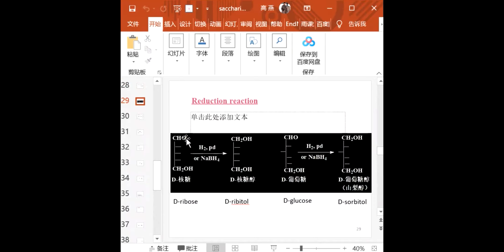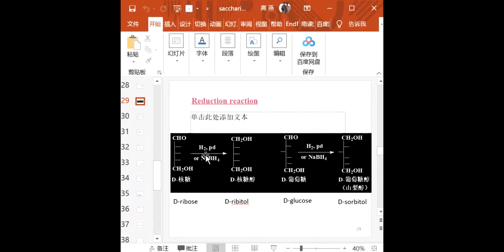It's from reduction of the saccharide sugar, and in the reduction reaction, only the aldehyde group is reduced to a methanol group, and the rest of the hydroxyl or methanol groups here, they don't change, right?